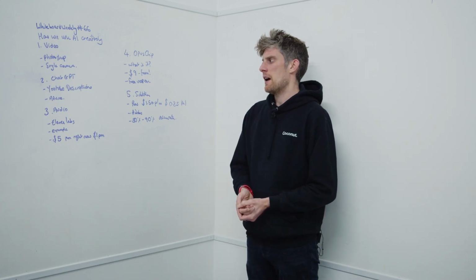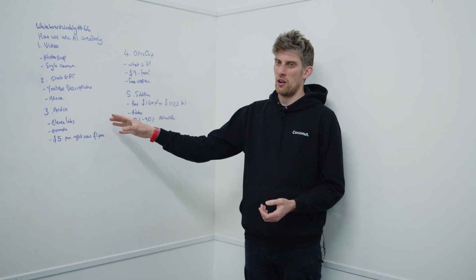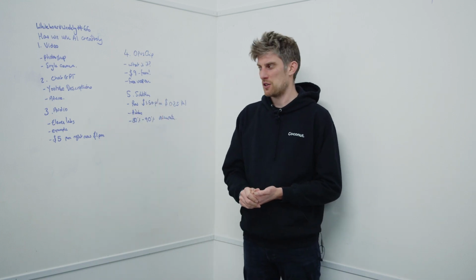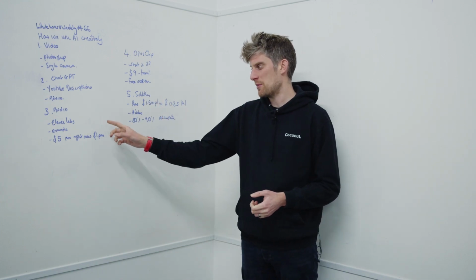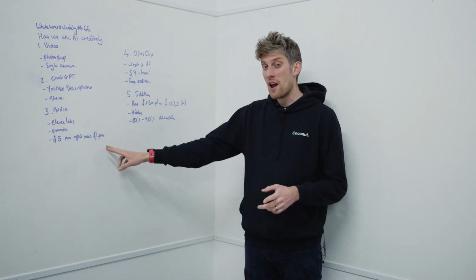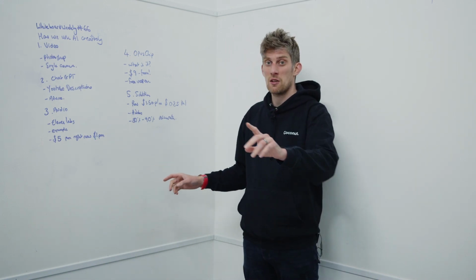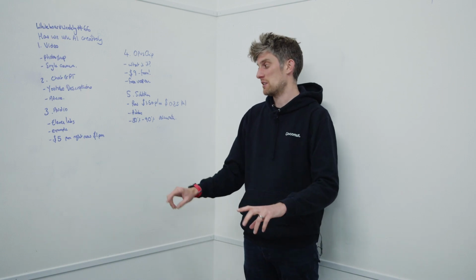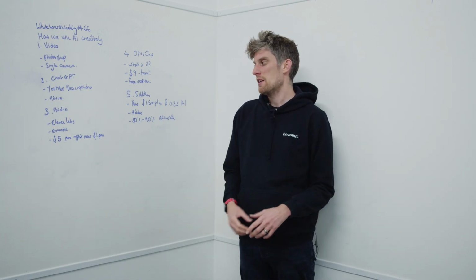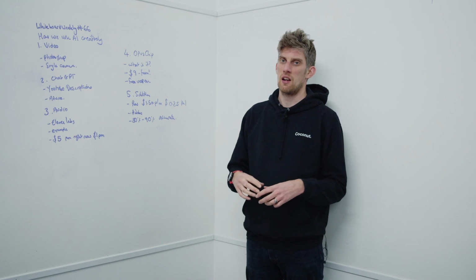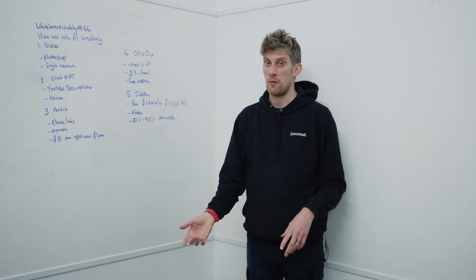Number 3, audio. I was really impressed by how I use this recently. So I use something called 11 Labs. It cost me $5 a month. Right now, as I'm making this, I'm not sure when you'll be watching this, but right now it's $1 a month. And what you do is you take an audio recording and then you can clone that person's voice.